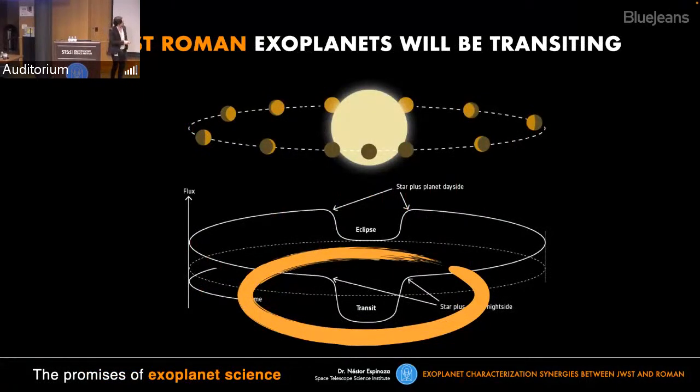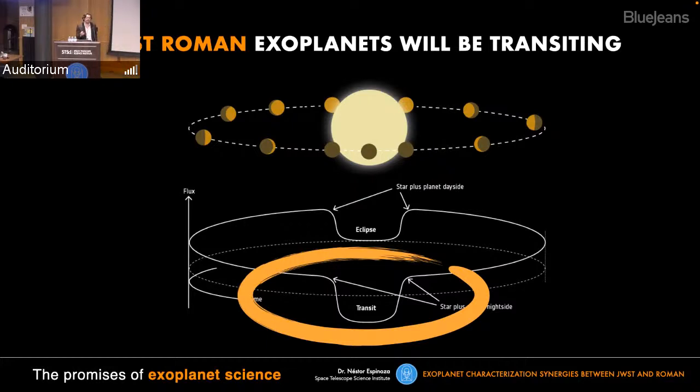Okay, so transiting planets offer you transits, but they also offer you eclipses. That's when the planets pass behind the star. And that's a pretty exciting feature too, because as I just told you, the main band of the Roman Galactic Bulge Time Domain Survey is going to be this 1 to 2 micron band.